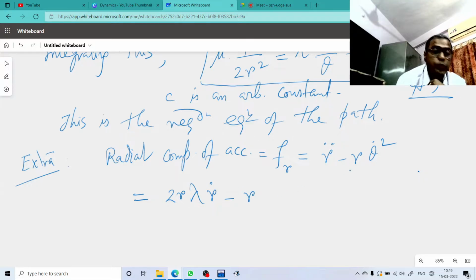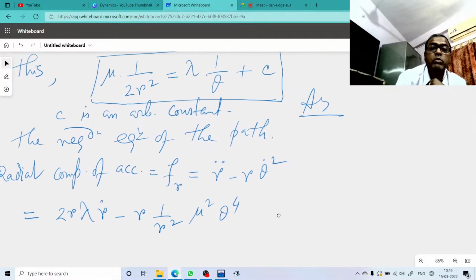From equation 1, r dot equals lambda r square, so r double dot equals lambda into 2r into r dot, that is, 2 lambda r r dot.